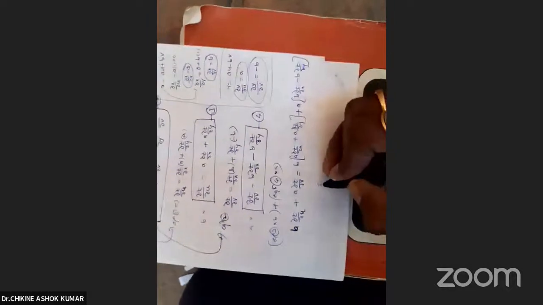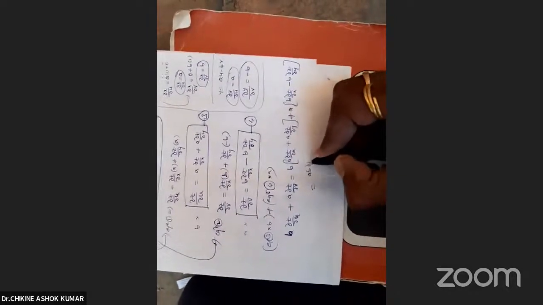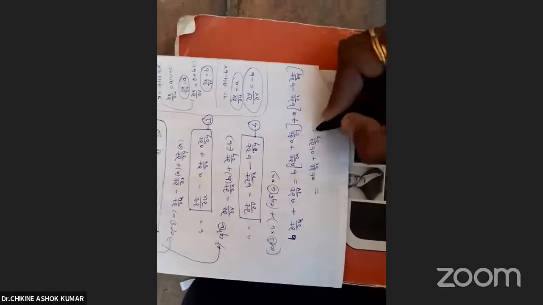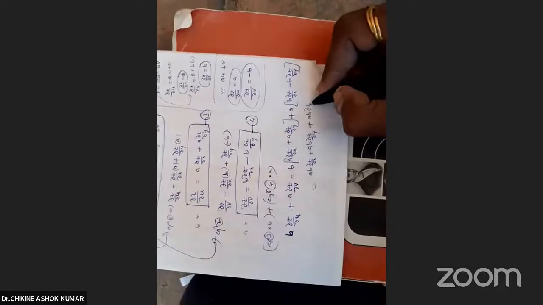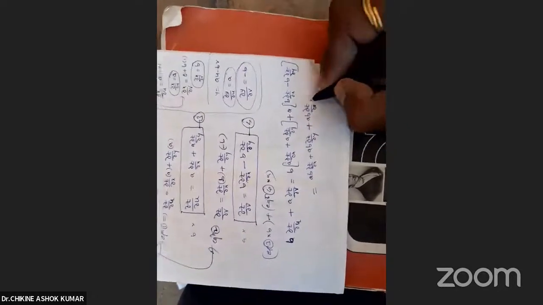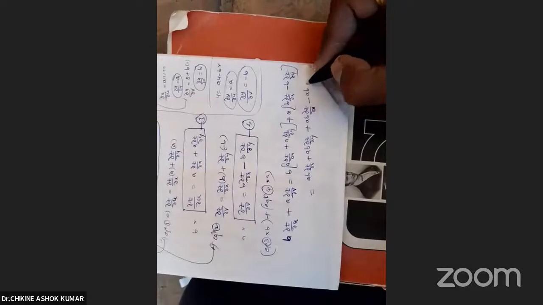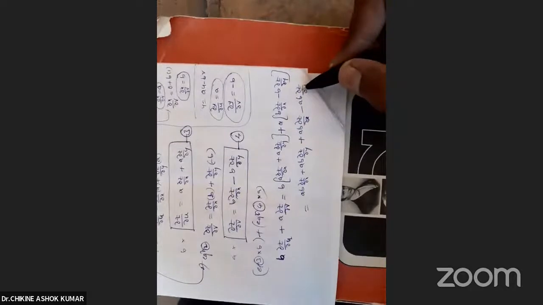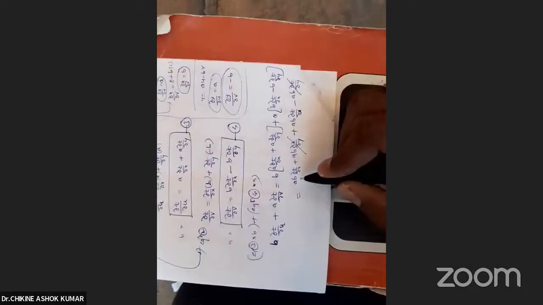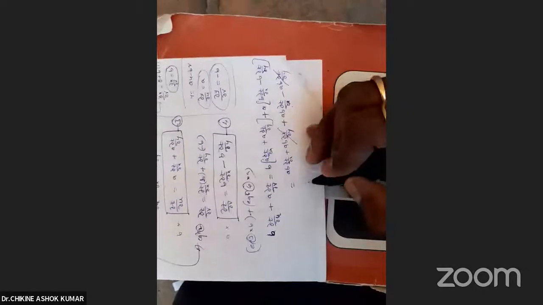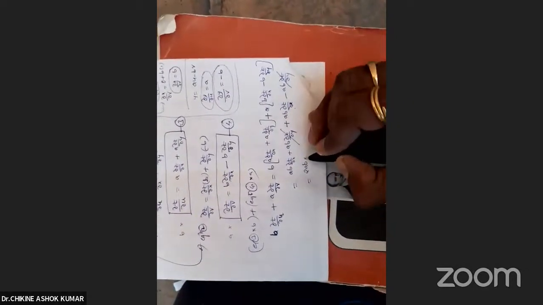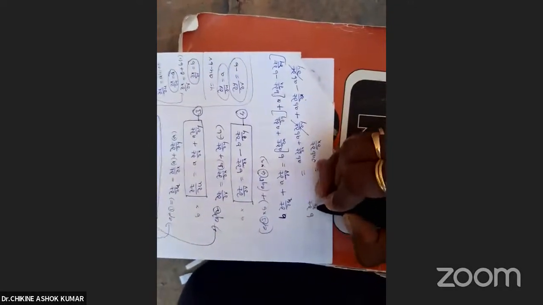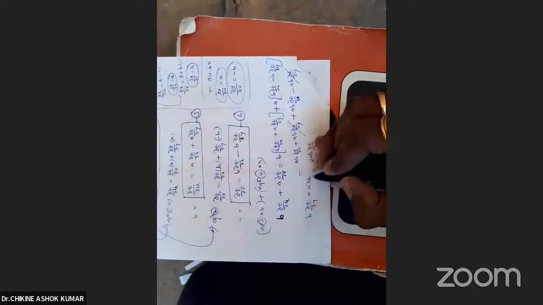So add the two: ab dou z by dou x plus ab dou z by dou y plus ab dou z by dou x minus ab dou z by dou y. The plus ab dou z by dou y and minus ab dou z by dou y cancel. We get only ab dou z by dou x twice, which is 2 times ab dou z by dou x. So this is the value of b dou z by dou u plus a dou z by dou v.